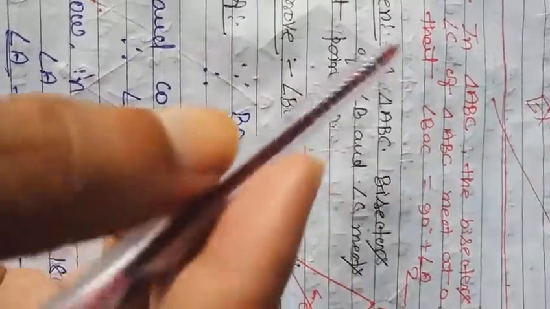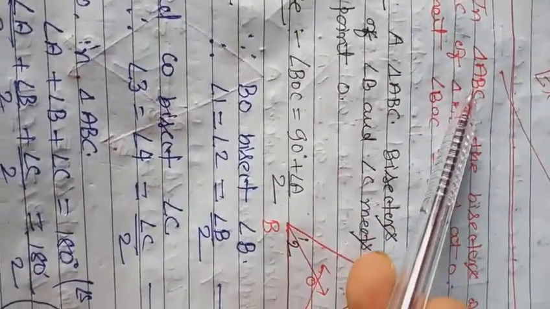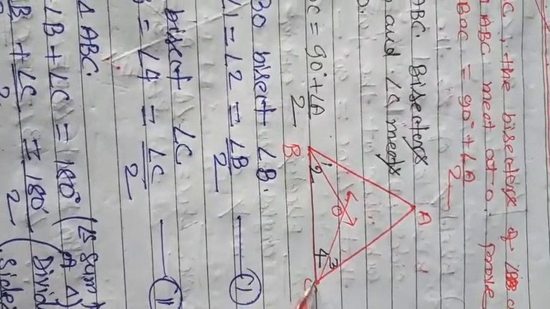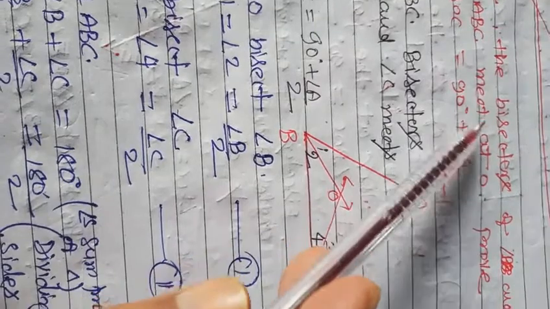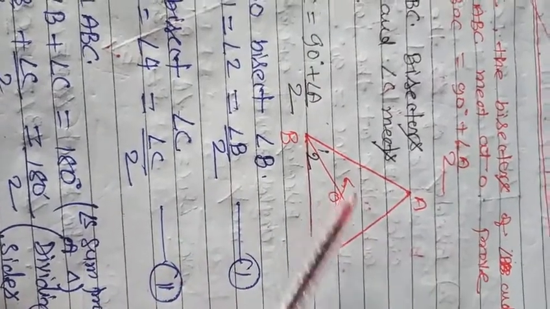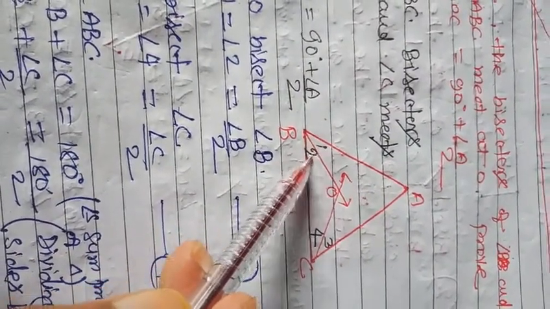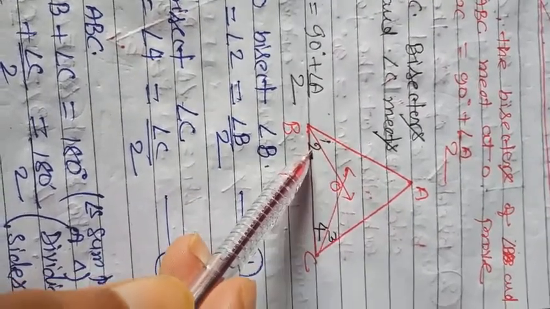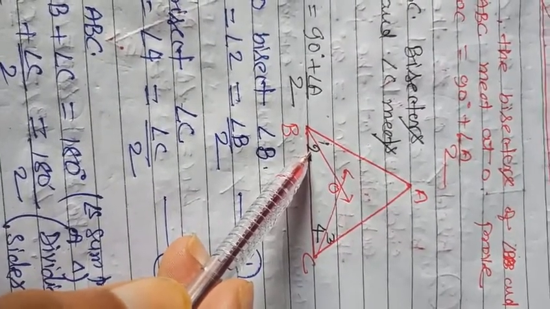So, according to the question, this is triangle A, B and C. The bisectors of angle B. Bisector means a ray which divides an angle into two equal measurements.